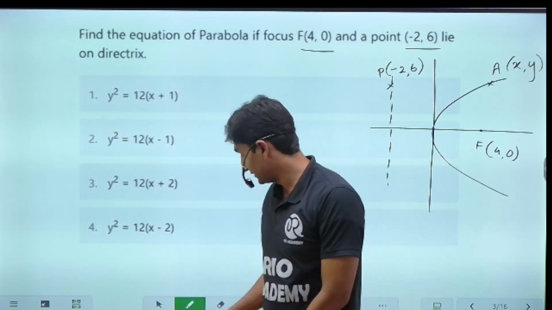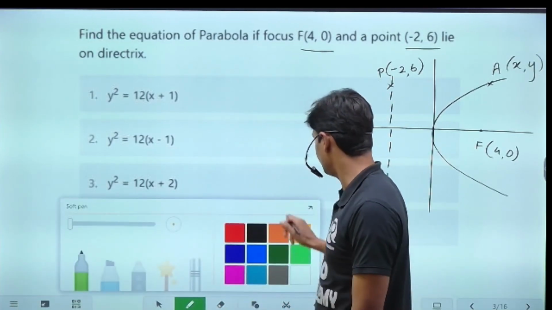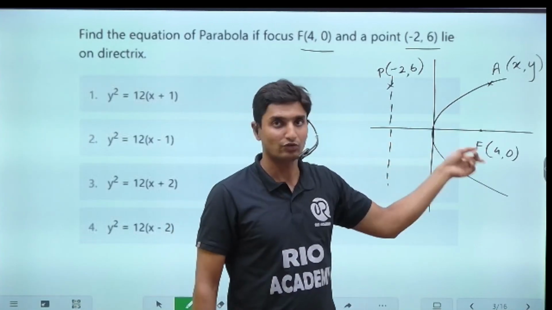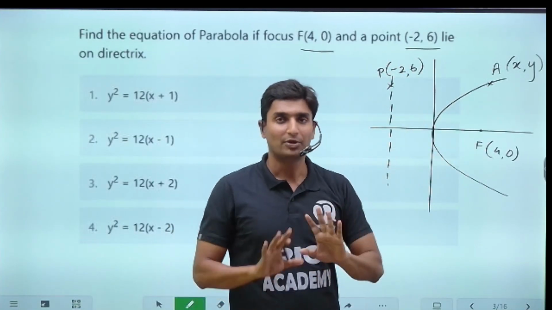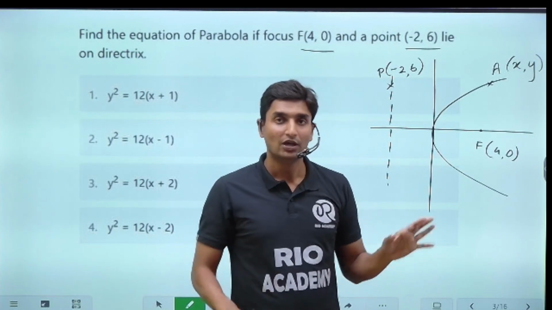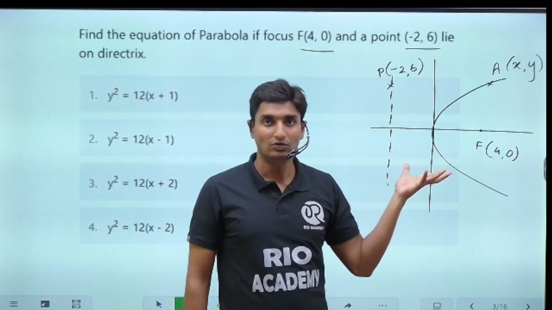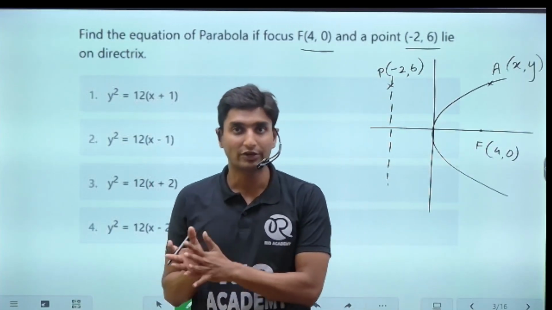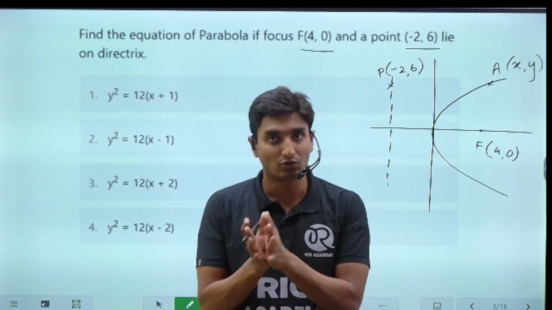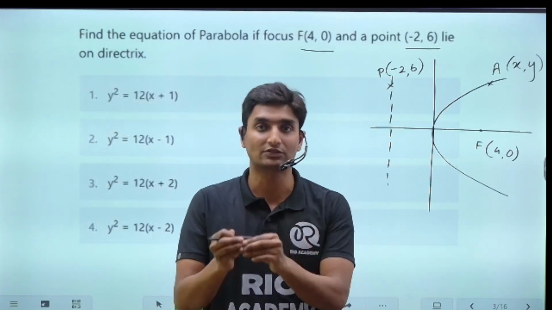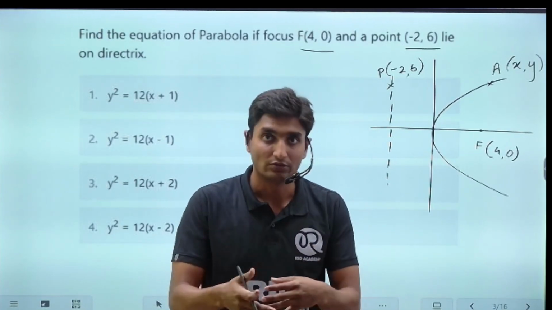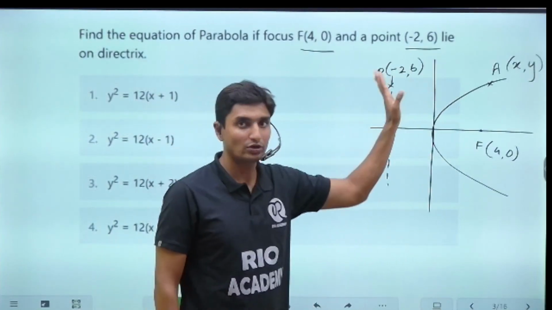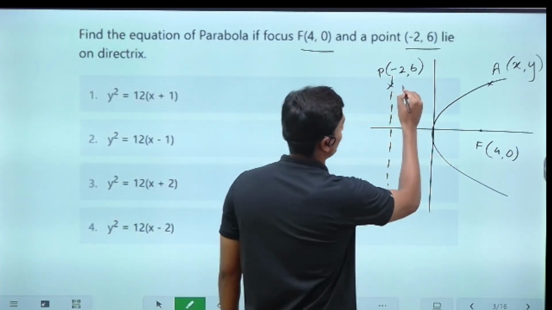See here, guys, in case of a parabola, there is only one condition: the distance of point A from the focus and the directrix is the same. Apart from that, there is no other condition. Not only in case of a parabola, in case of any question, whenever there is something that you don't know, just try to use the conditions that you already know, like standard conditions. In this particular parabola, that is the only condition, and that is what we are going to use.